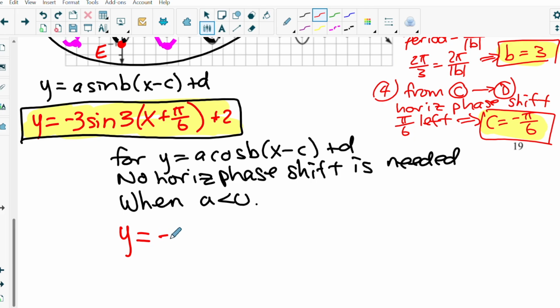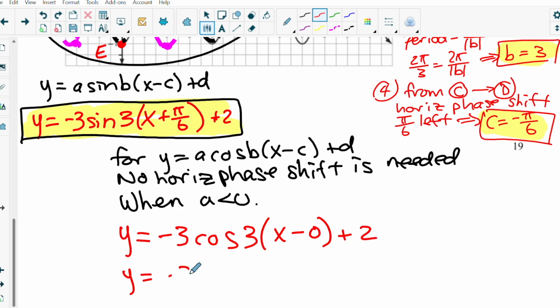So my a value is still negative 3 cosine. My b value is positive 3. I don't need a horizontal phase shift, so that c value is 0, plus 2. So when I simplify this, that's my final answer.